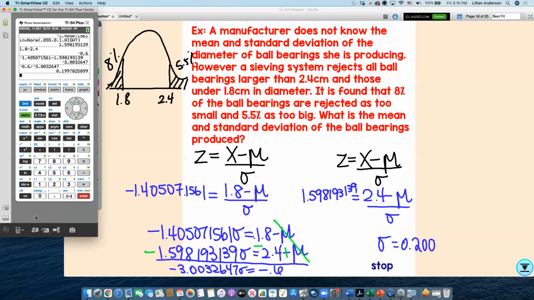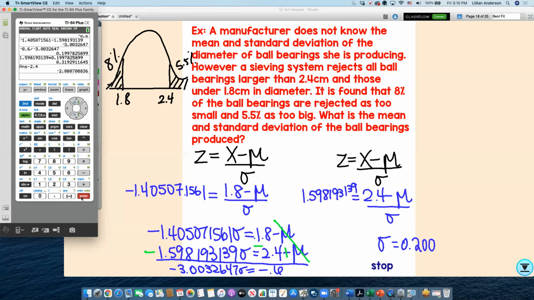Then to find my mean, all I have to do is plug that value in and solve, okay? So I'm gonna plug it into the right equation. I'm gonna take that 1.59 number, multiply it by my standard deviation, and then I'm gonna subtract 2.4. Why? Well, I'm solving for my mean.